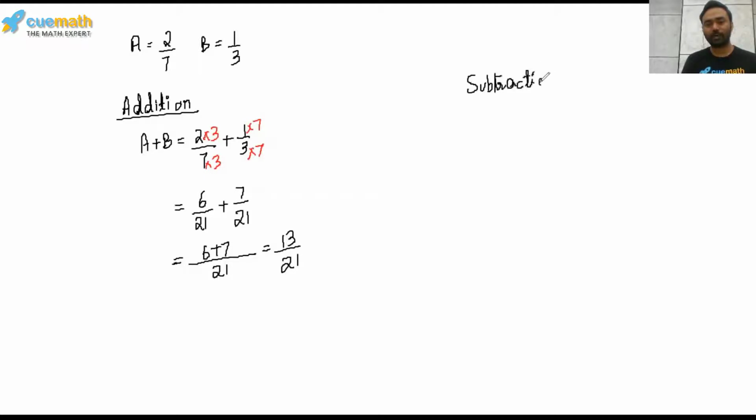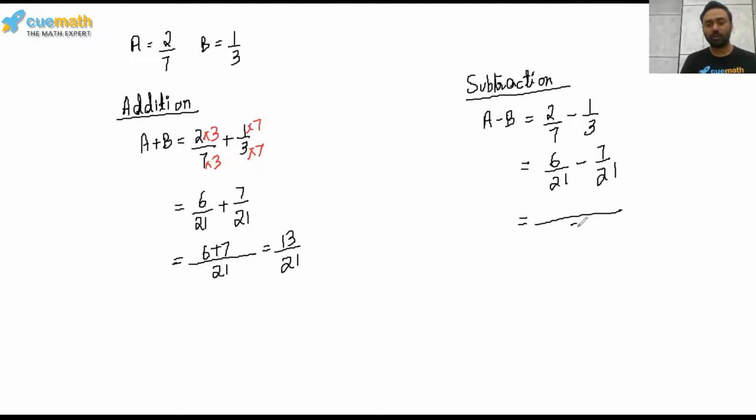Here we'll find the value of the expression a minus b, which is nothing but 2 over 7 minus 1 over 3. Now, since we know already that 2 over 7 can be written as 6 over 21 and 1 over 3 can be written as 7 over 21, the common denominator would be 21.